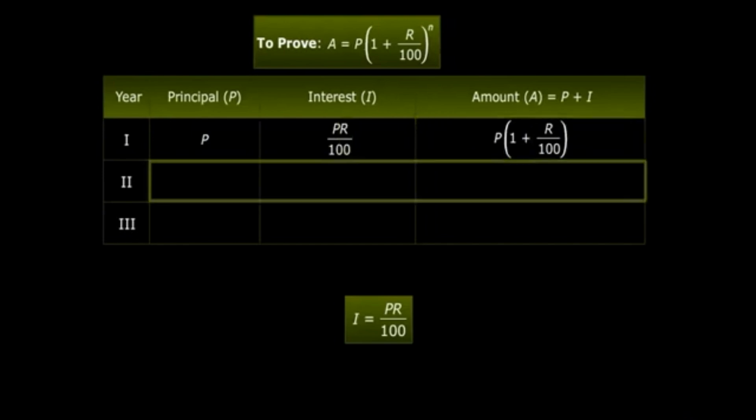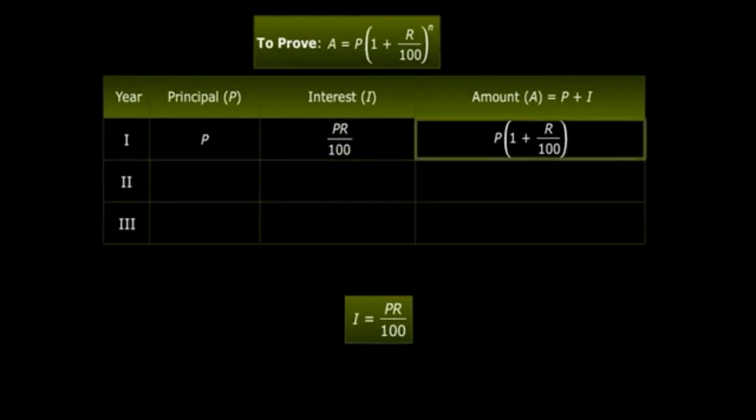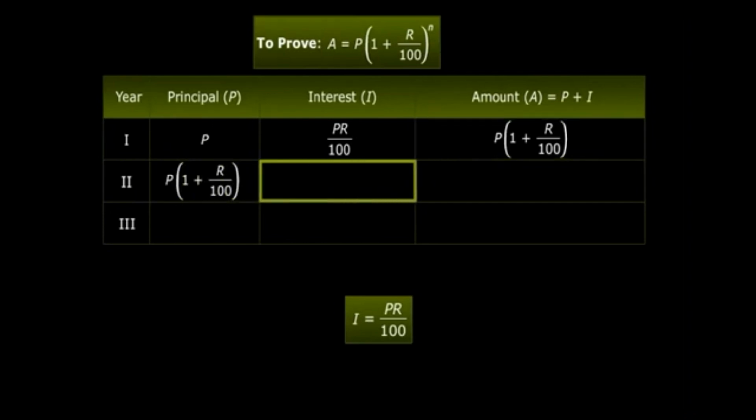Now let's move to the second year. Look at this. Yes, the amount at the end of the first year now becomes the principal for the second year. Now what about the interest? I calculate my interest on this principal. So my interest is P into 1 plus R by 100, that was the principal, into R by 100.